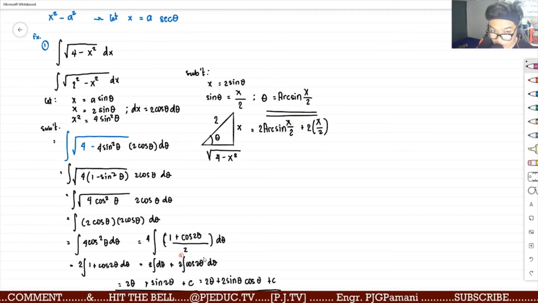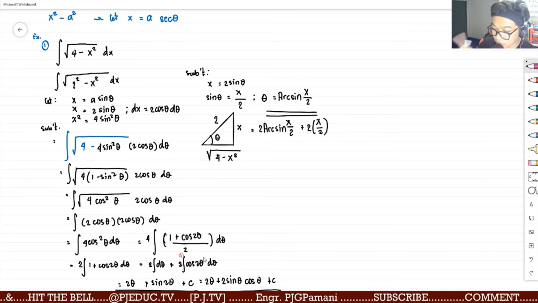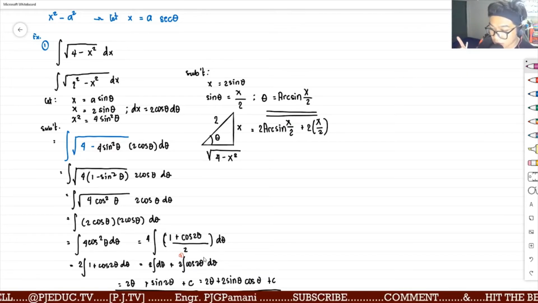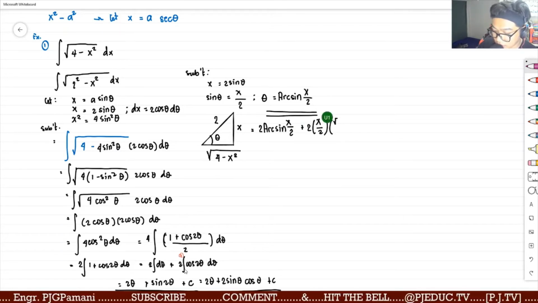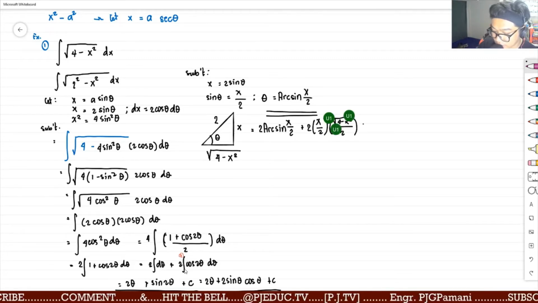What is cosine theta? Adjacent over hypotenuse. That is square root of 4 minus x squared all over 2 plus c.